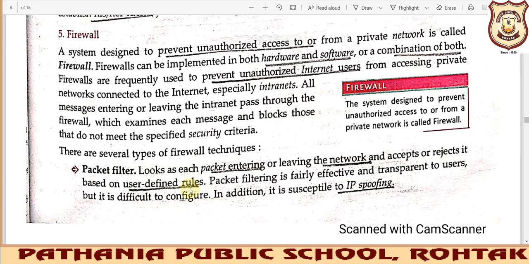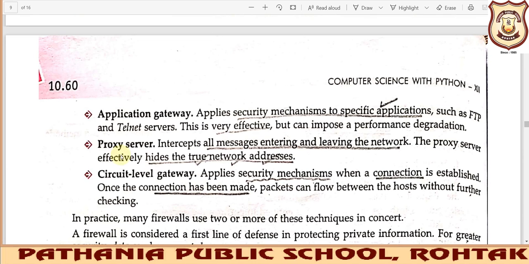It will check each data packet against those rules only. If the packet satisfies those rules that you have defined, then only that data will be allowed to enter the network. Fine.